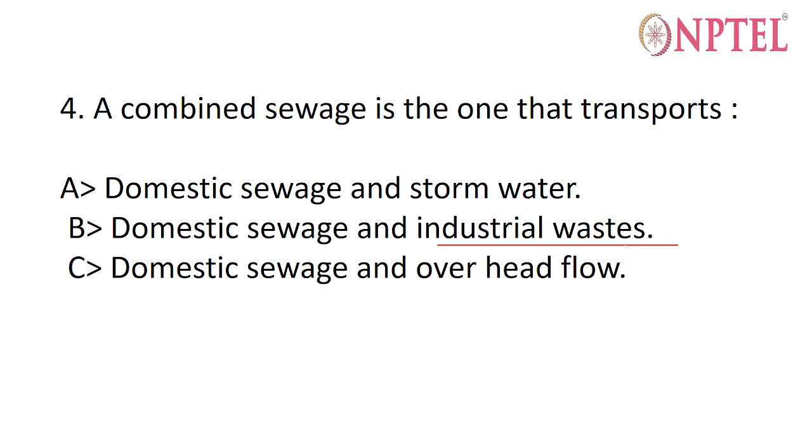Maybe in case of domestic sewage, the BOD is very high, but in case of industrial waste, there will be a much higher concentration of COD. So it is usually done with the stormwater. After the rain, whatever stormwater we are trying to collect can be merged with domestic sewage. It will have similar characteristics, so we can treat them together, but not with industrial waste.